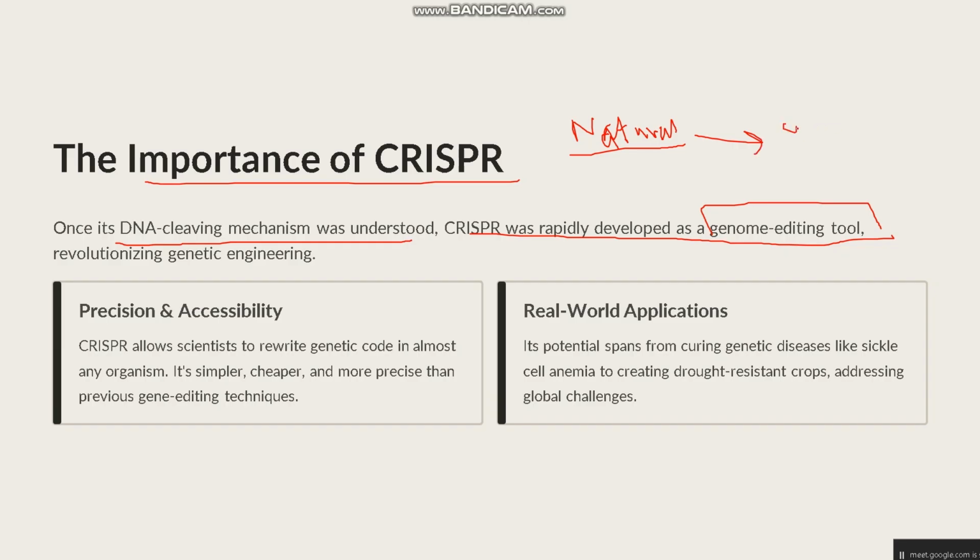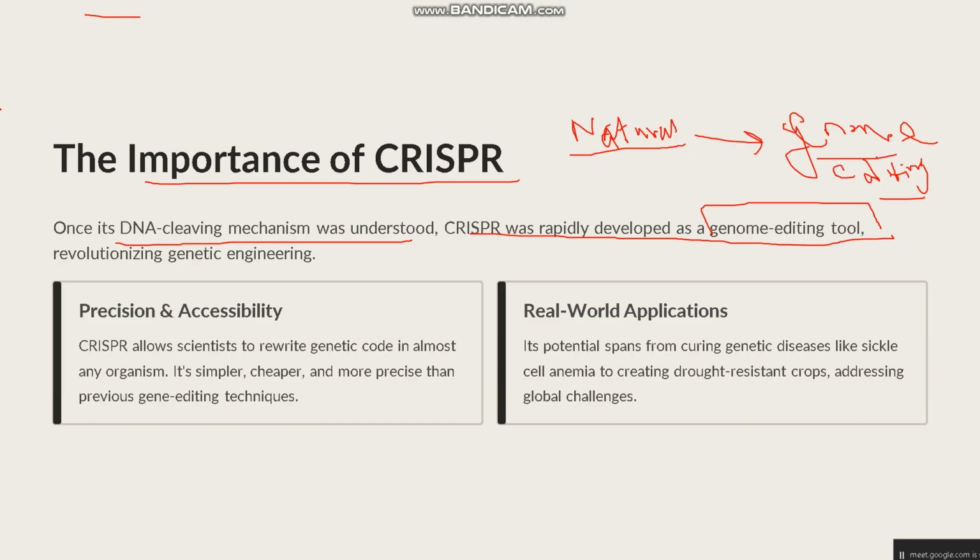Then people realized that it could also be used as a gene editing tool. Sorry, please ignore my writing because with the mouse my writing is very poor. That is revolutionizing genetic engineering.